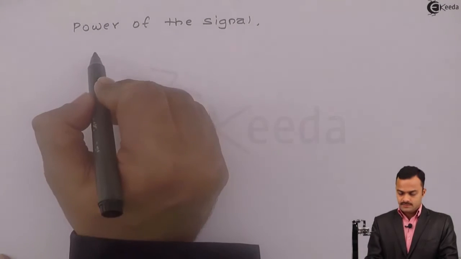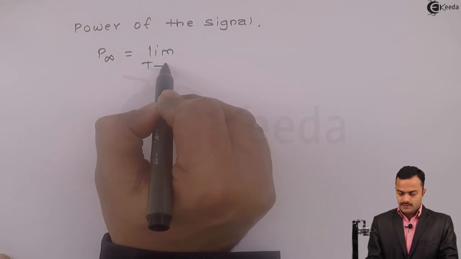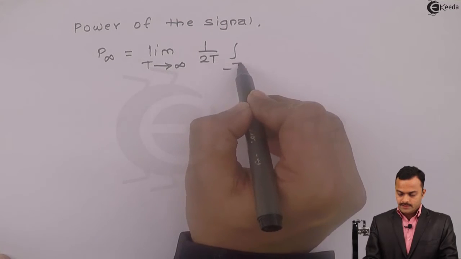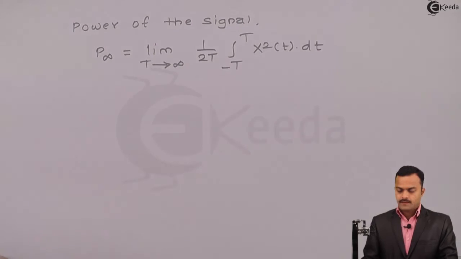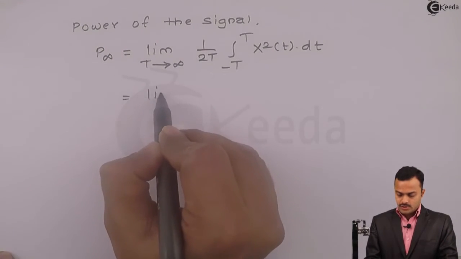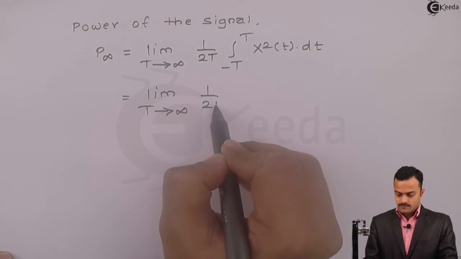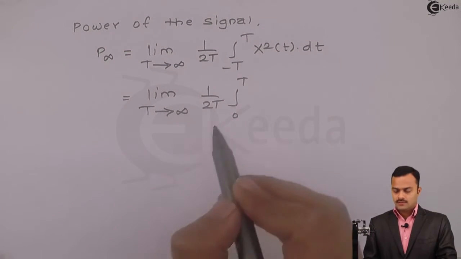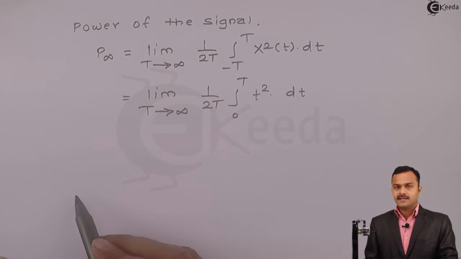Power of the signal, P infinity equals limit t tends to infinity, 1 upon 2t, integral from minus t to t of x square t dt. Once again, because of the unit step, we can cut short the limit from 0 to t, and u of t will have the value 1, and t square is kept inside the integral.